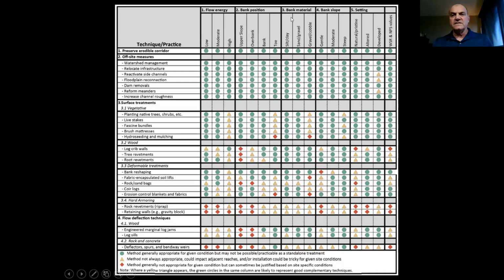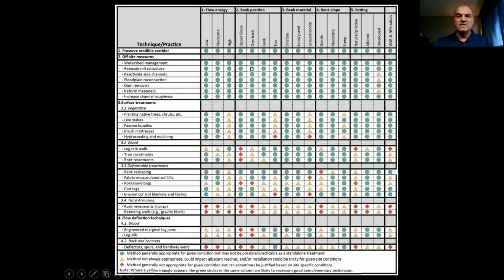Questions like this are going to determine exactly which treatment you might consider. So all of the 20 or so treatments that are considered in the report are shown on the left here, and then color and shape coded diagrams here indicate which treatments might be best.